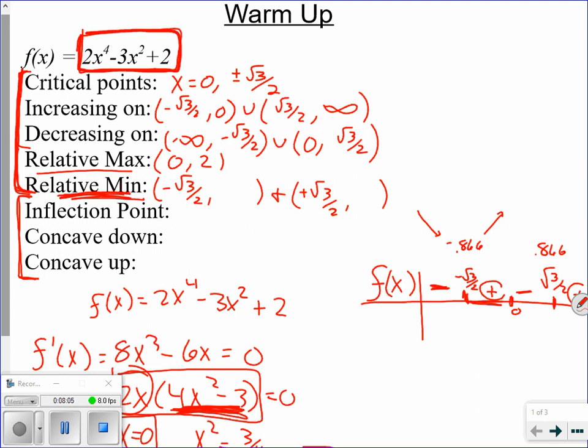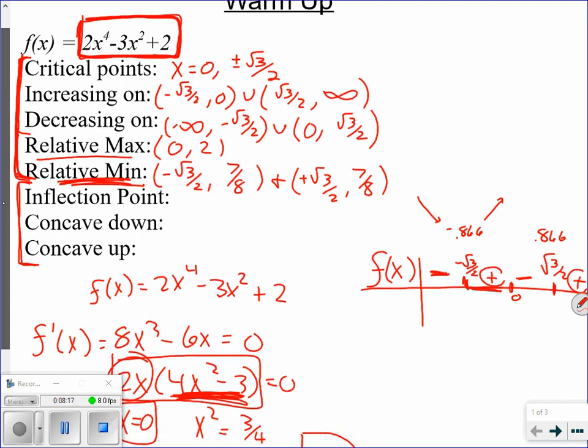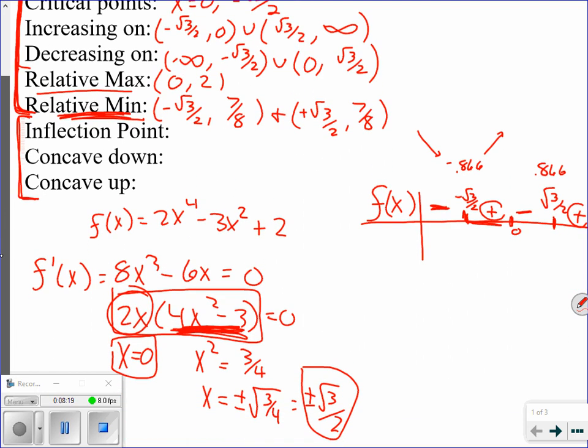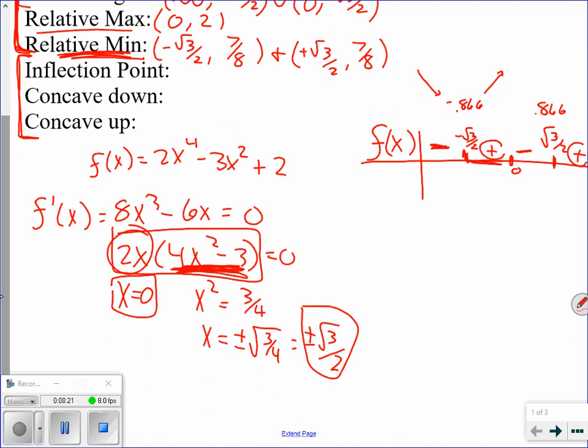It shouldn't take too long. But if you plug in negative root 3 over 2 or positive root 3 over 2, you get 7/8. I'll let you do that on your own, but we get 7/8. Okay? So that's everything that we can get from the first derivative.